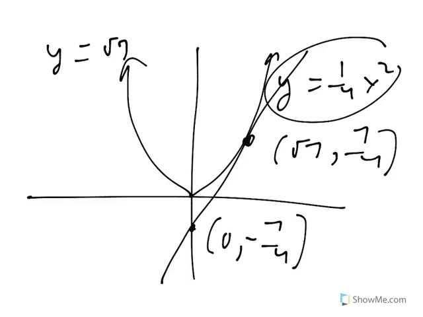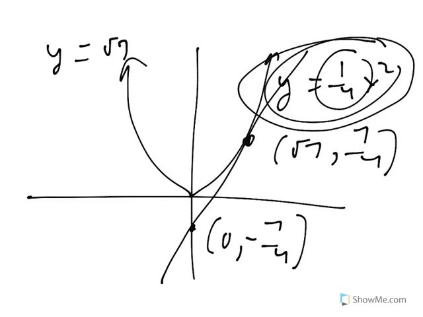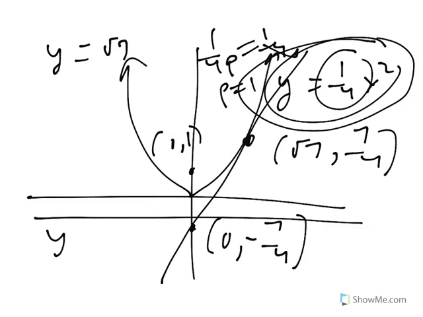And from the last video, for the parabola y equals 1/4 x squared, 1/4 is 1 over 4p, so p equals 1, which means the focus is at (0, 1), and the directrix is at y equals negative 1.